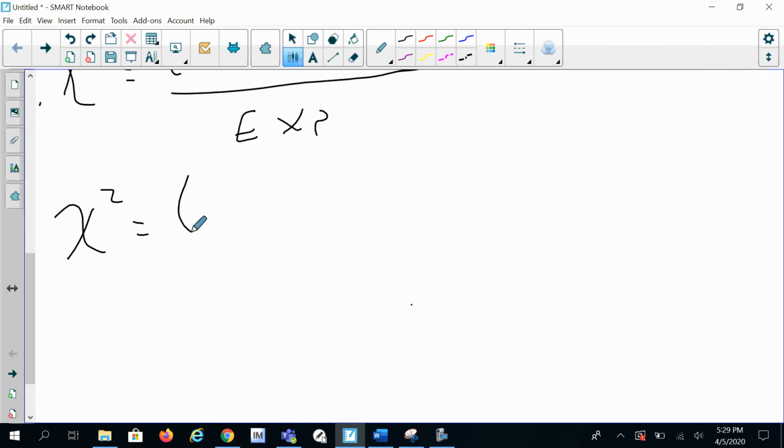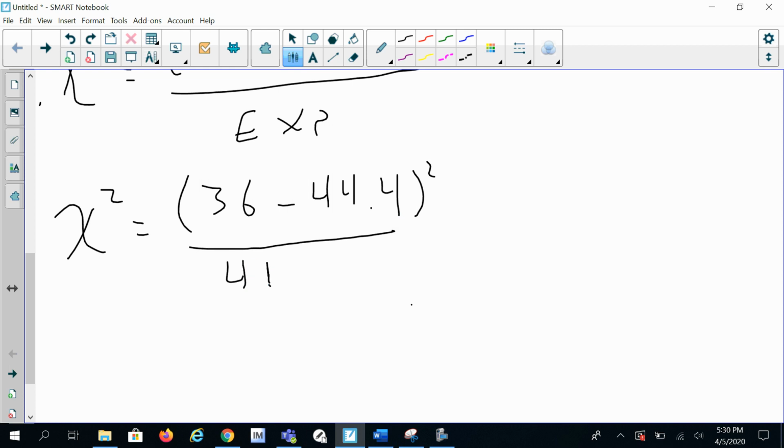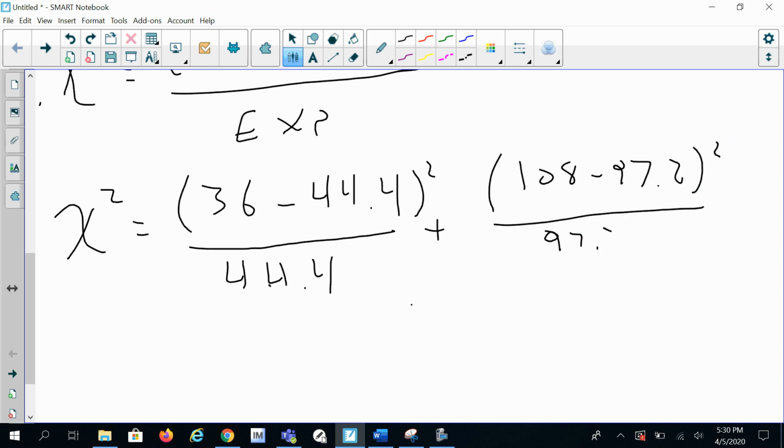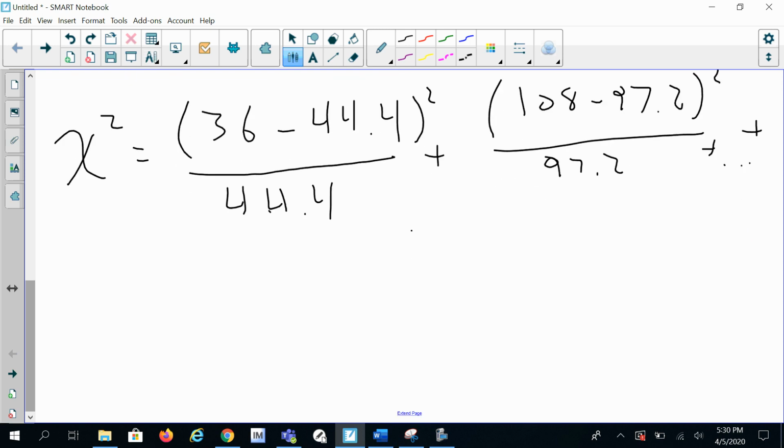So the first one is 36 minus the expected, which was 44.4, squared, divided by the expected, plus 108 minus 97.2 squared divided by 97.2, plus, and we keep doing this. I'm not going to write these all out. If you knew how to do the 10.1 stuff, this is no different. At this point, everything is the same.